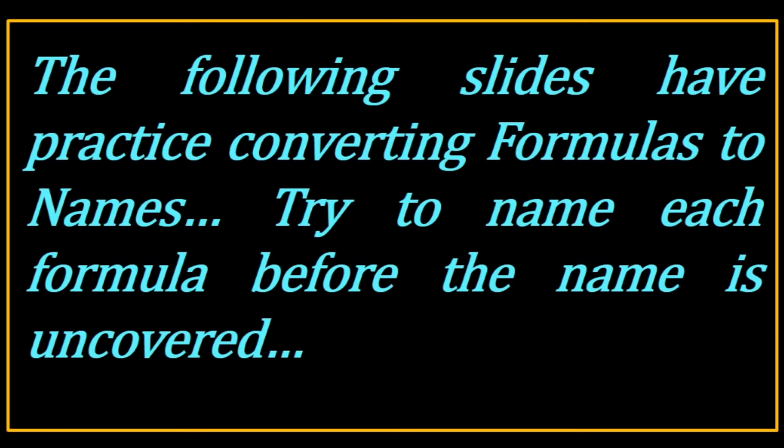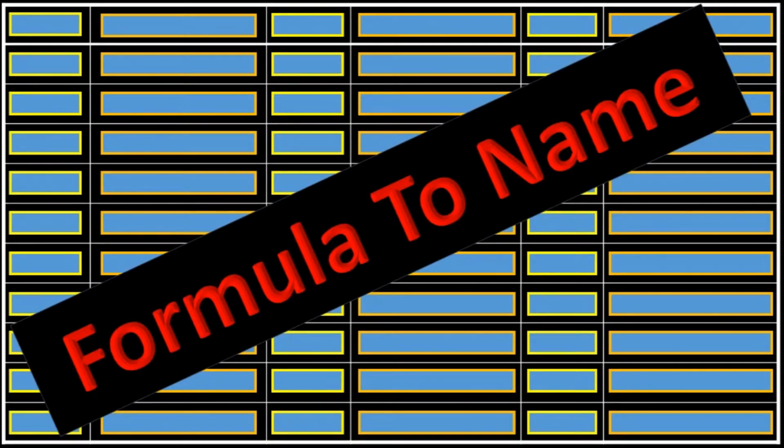Now, the following slides have practice converting formulas to names. Try to name each formula before the name is uncovered. We'll start slow and then we will speed it up so it's only 2 seconds per slide. Remember to turn off the video, put it on pause to see if you can come up with some of these names.